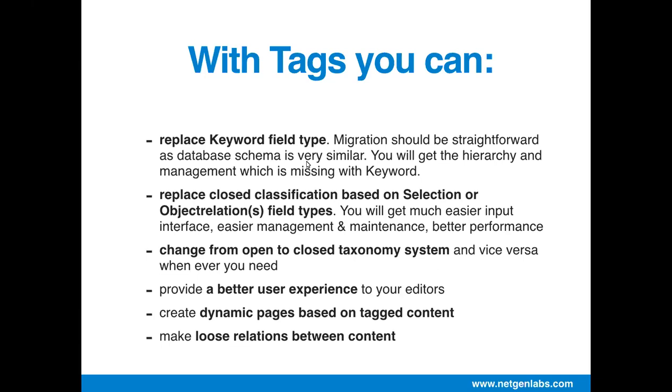For object relation, you need to have two contents and two content objects, and then you can relate or connect them. And for loose relating with tag, you actually don't need to have both sides. What you can do is you tag a content, and then in the future, when some other content is tagged as well, you actually have a relation between those two content objects. And this is quite interesting for a lot of use cases.